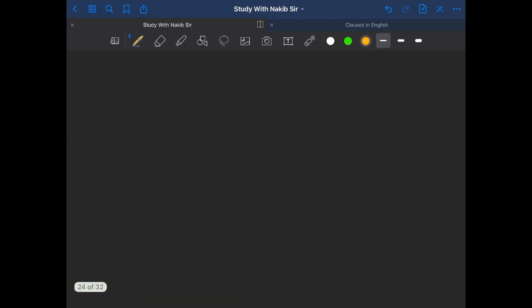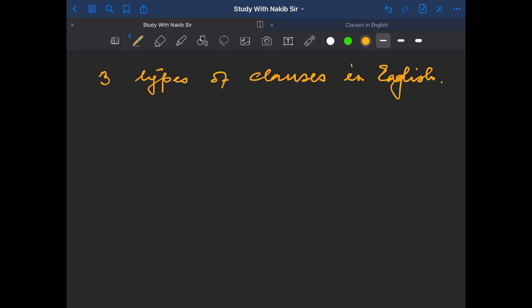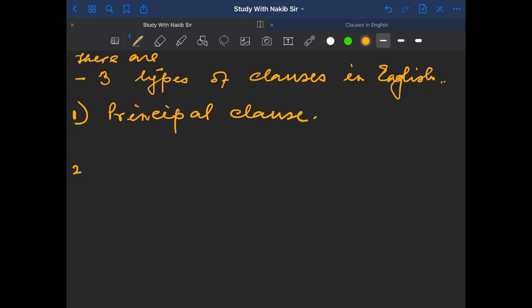Now see, there are three types of clauses in English. Number one, principal clause. Number two, subordinate clause.